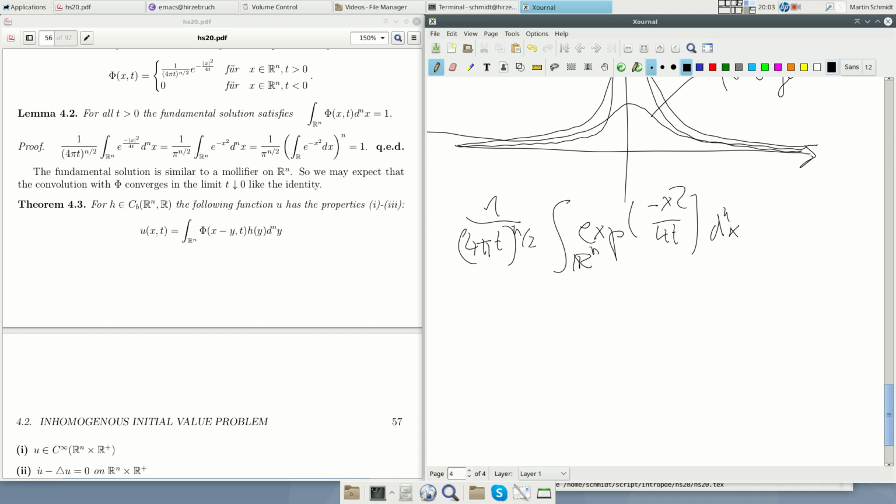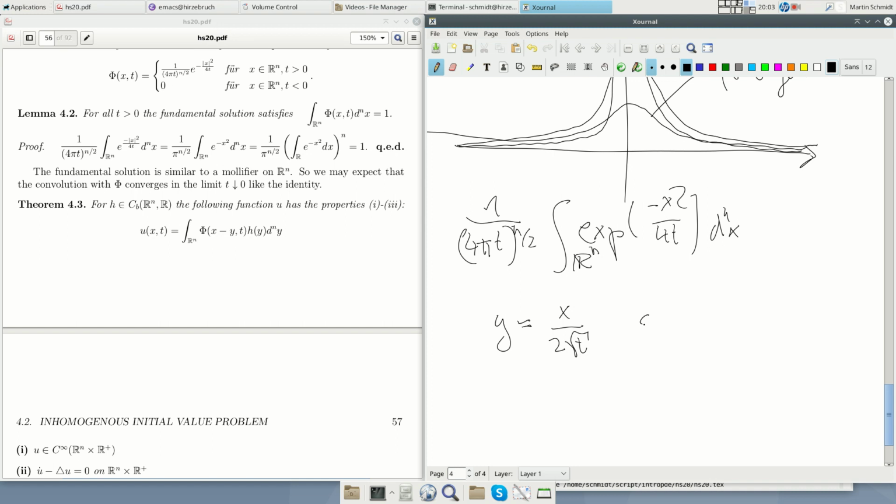Now we make a substitution, and the substitution we make is that y is equal to x divided by 2 square root of t.